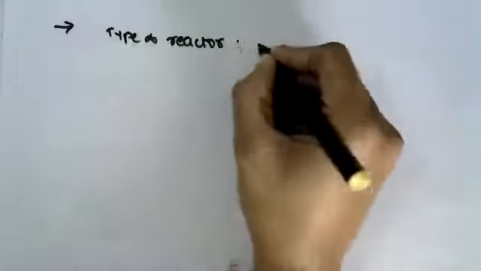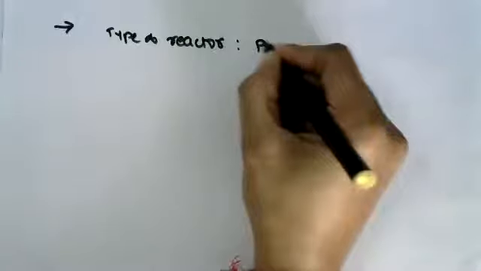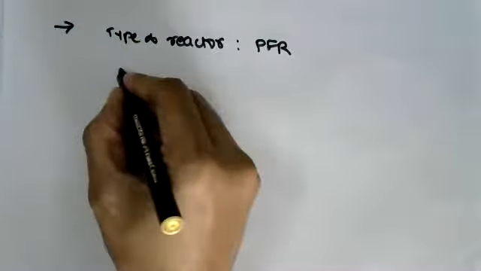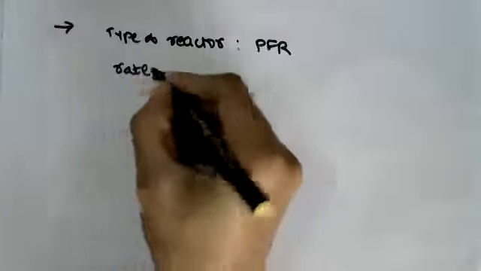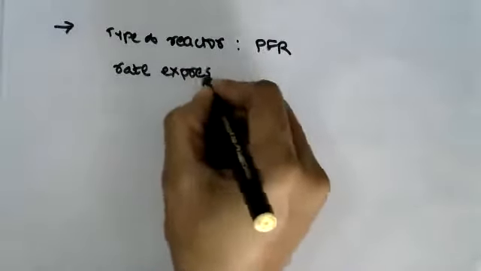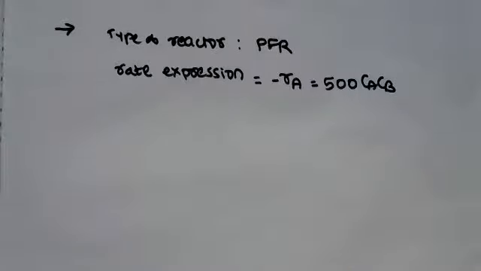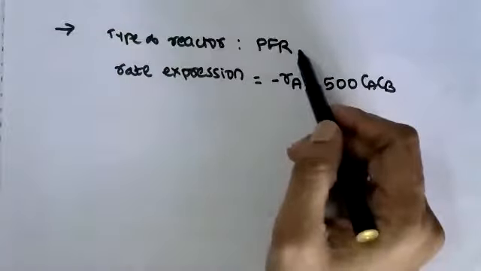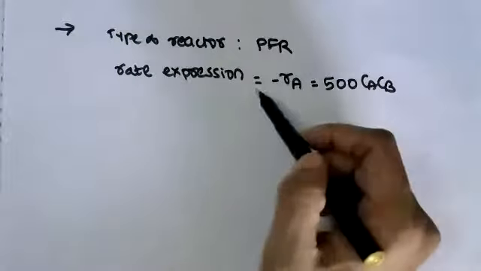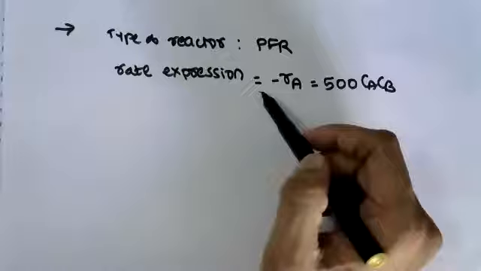Type of reactor is PFR. Rate expression is given as minus Ra is equal to 500 CA CB.